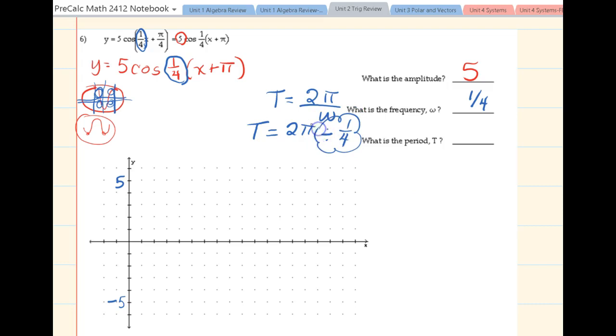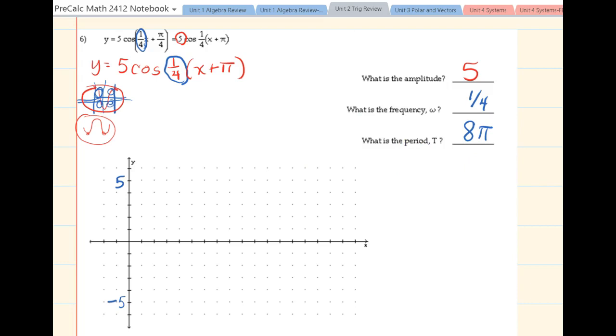Remember, we can always divide fractions by saying 2 pi times the reciprocal of 1/4, which is 4, and we see that we're going to get 8 pi. That kind of makes sense. What that means is that from 0 to 8 pi, we will see one complete cycle.